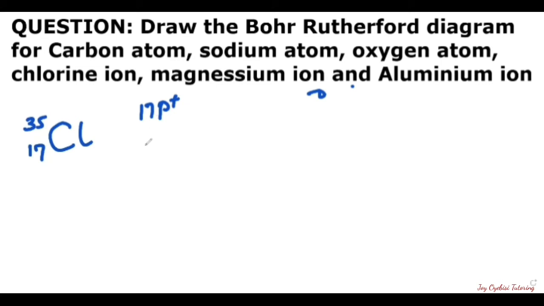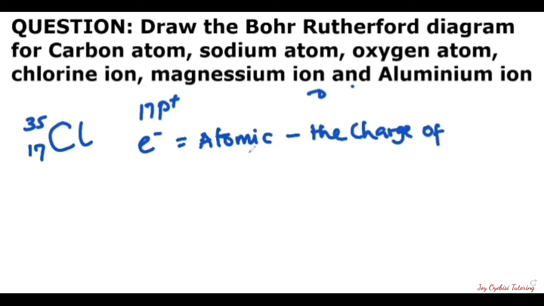So we have number of electrons now will be equal to atomic number minus the charge of chlorine. So in this case, the atomic number is 17 minus the charge of chlorine, which is -1.